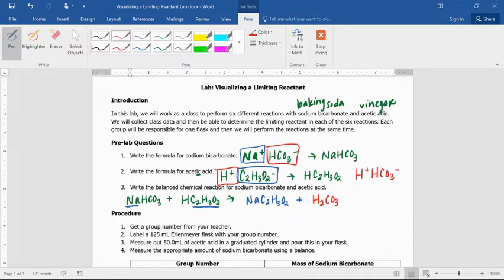And that's because what happens is the carbonic acid that I have written here in red actually decomposes. And when it decomposes, it produces water and carbon dioxide. So what's really being produced in this chemical reaction is the sodium acetate, water, and carbon dioxide.